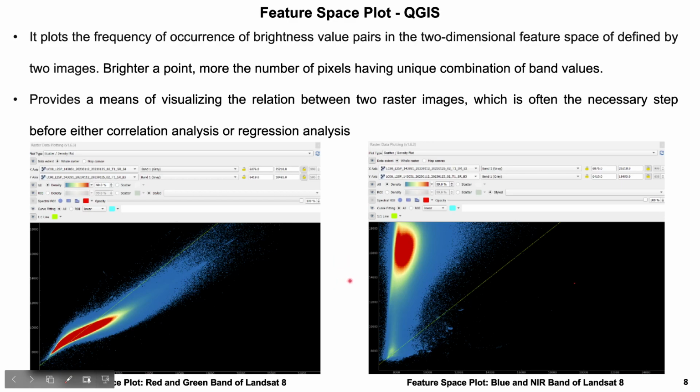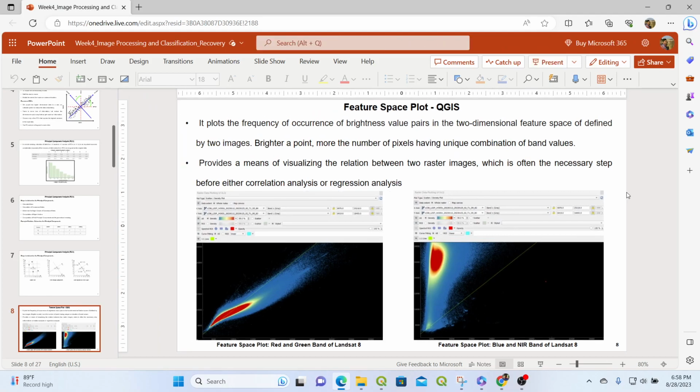Understood? Should I explain again? If you remember the spectral signature, for the blue band, the reflectance of water is high when compared to any other band, correct? Yes. And in the NIR band, water absorbs and its DN value is low.